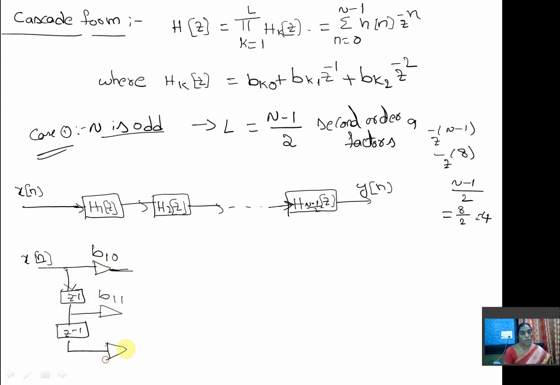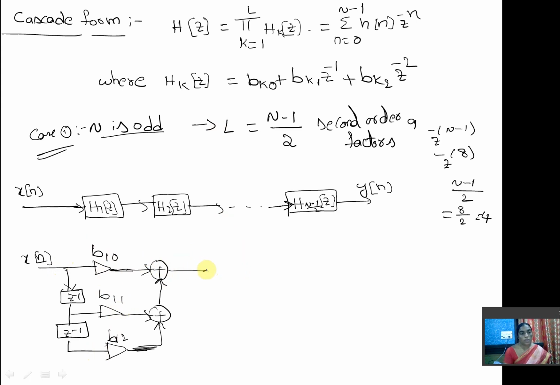Here, what is the multiplying factor? b12. Now, add all these terms in this way. Add these two. Add these two. So then you can get b10 plus b11 z inverse plus b12 z power minus 2 into X of z as the output here.